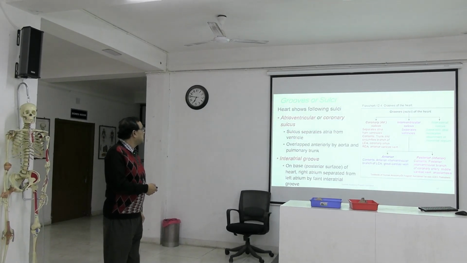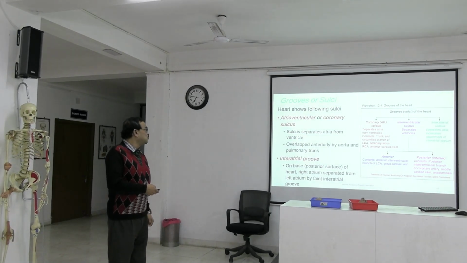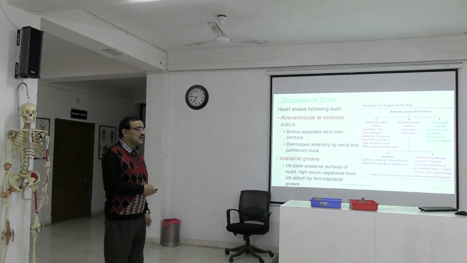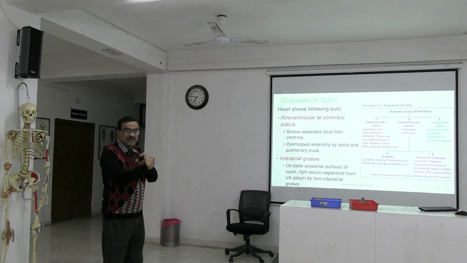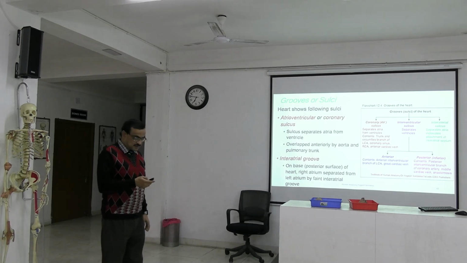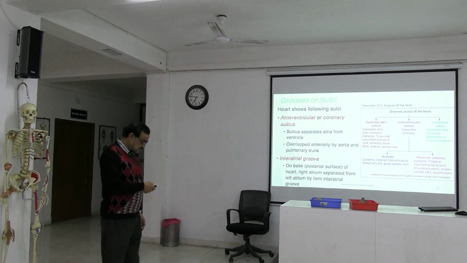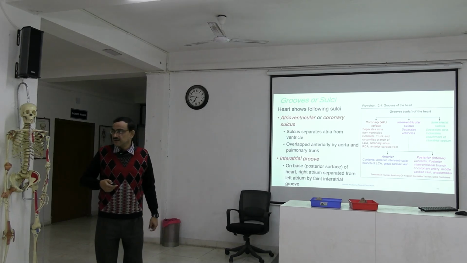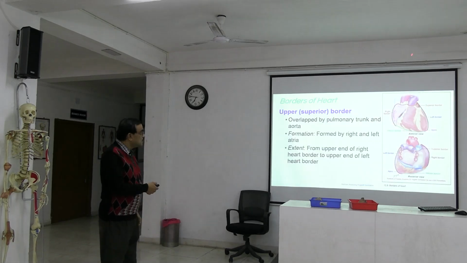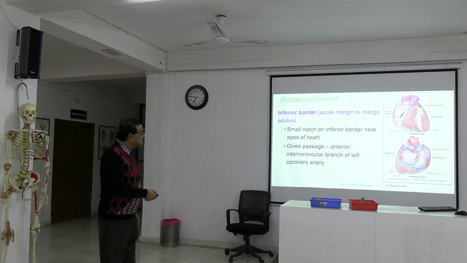So already we have come across the atrioventricular groove, that is the coronary sulcus, which is C-shaped, and in front it is incomplete because the great vessels are coming out. This is the right part of the atrioventricular sulcus, this is the left part, and this is the posterior part.